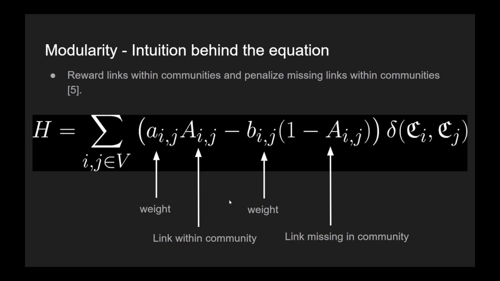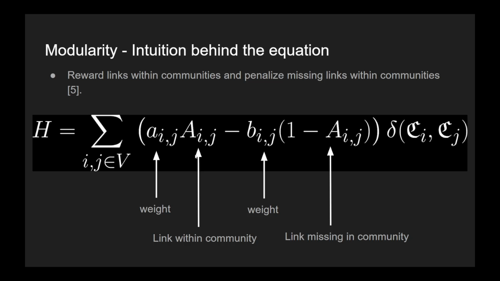Let's talk about some of the intuition behind the equation. The idea is we want to reward links within communities and penalize missing links within communities. One way we can think about that is developing this generic equation here, h.